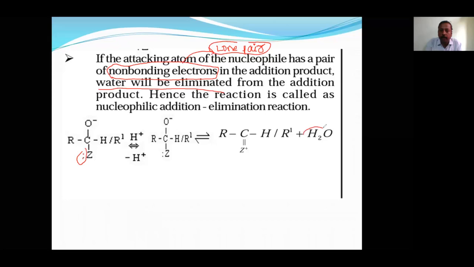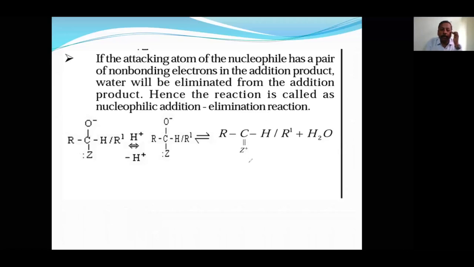Finally, what we are getting? Water will be eliminated. This is called nucleophilic addition followed by elimination. Up to here it is addition. Then water is removed, therefore it is elimination. So there are two reactions that take place, but for this what must be there? Non-bonding electron. Non-bonding electron means lone pair of electrons. This is about the mechanism part.